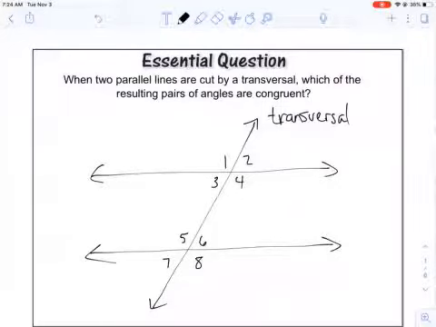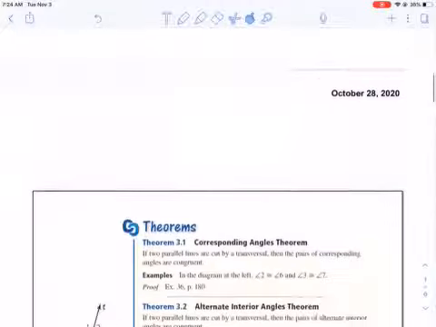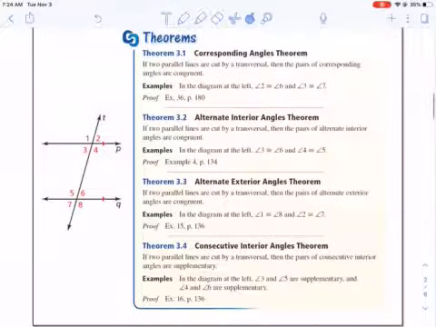What we're going to look at today is how these different angles have properties that let us know their measurements. So here are those properties or theorems. First one is the corresponding angles theorem. This one says if two lines are cut by a transversal, then the pairs of corresponding angles are congruent.